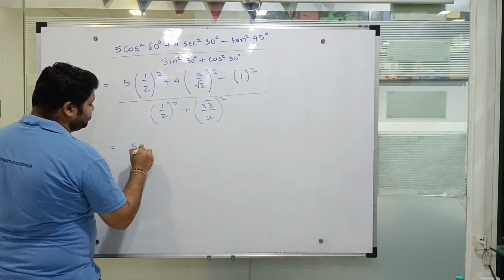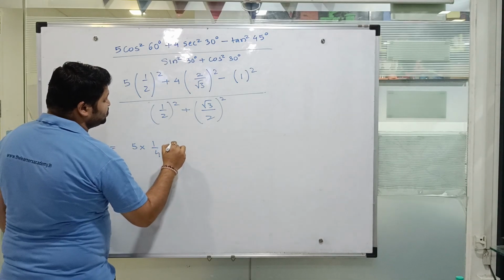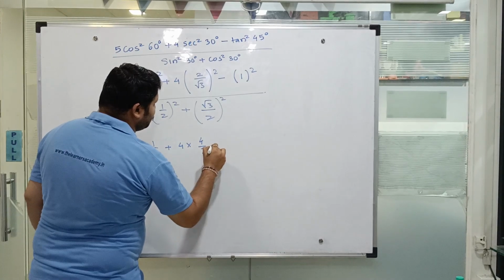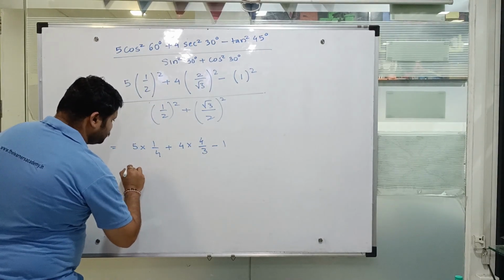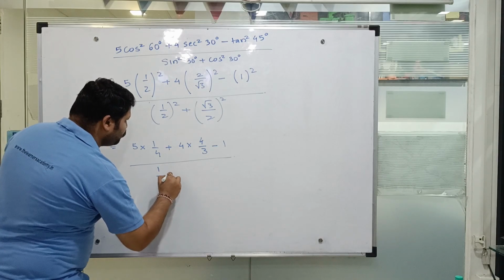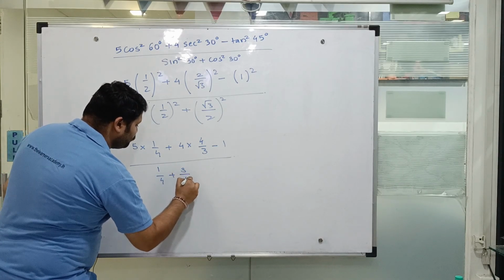So it is 5 multiplied by 1/4 plus 4 multiplied by 4/3 minus 1, divided by 1/4 plus 3/4.